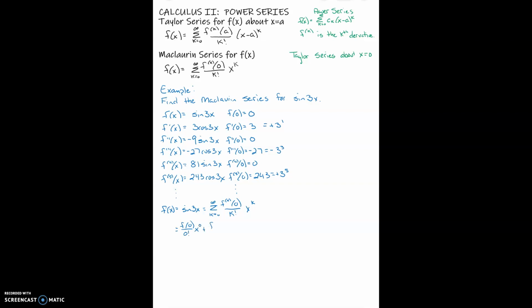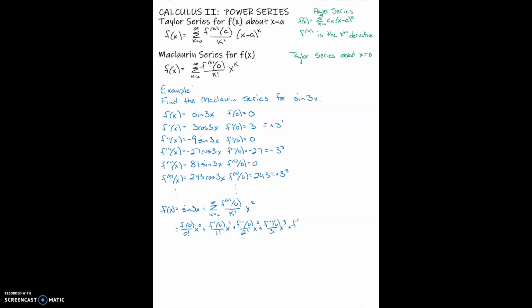When k is 1, we have the first derivative over 1 factorial x to the 1. K is 2, it's the second derivative over 2 factorial x squared. K is 3, it's the third derivative over 3 factorial x cubed.